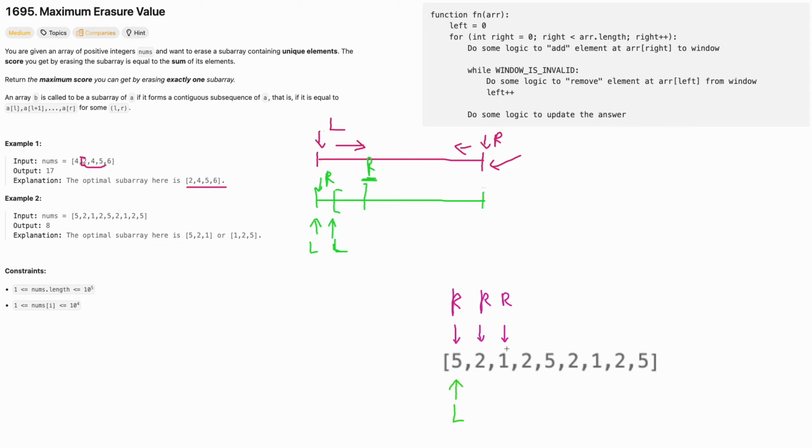Because our window is still valid, we can keep increasing the right pointer. Now the right pointer is here, and we can see that our window is invalid because one of the elements is duplicated, which is the element with the value of 2.